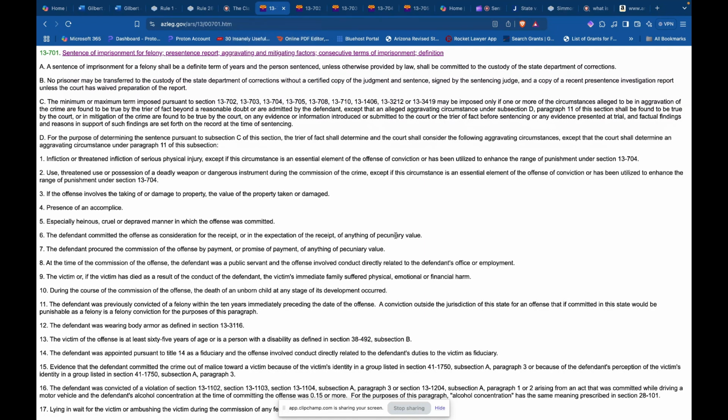So 701A says a sentence of imprisonment for a felony shall be a definite term of years, and the person sentenced, unless otherwise provided by law, shall be committed to the custody of the State Department of Corrections. B says that you cannot enter the State Department of Corrections without an investigation report or pre-sentence report.